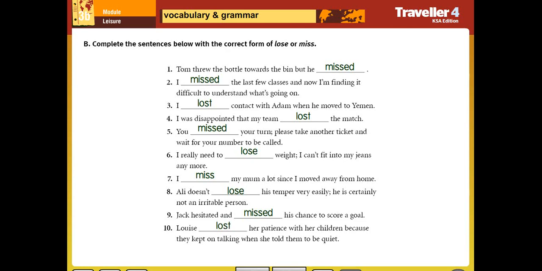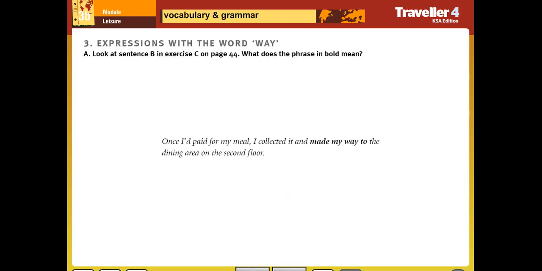Now let's move to another type of question. Now we're going to have some expressions with the word way. The word way will be repeated in all the sentences, but the meaning will be different. For example, once I paid for my meal, I collected it and made my way to the dining area.